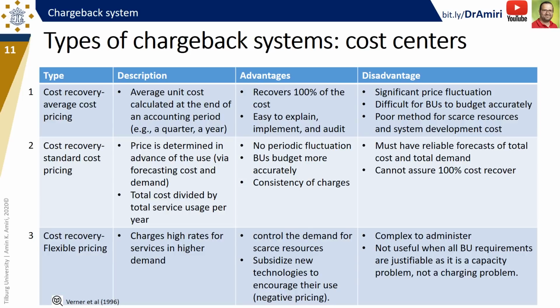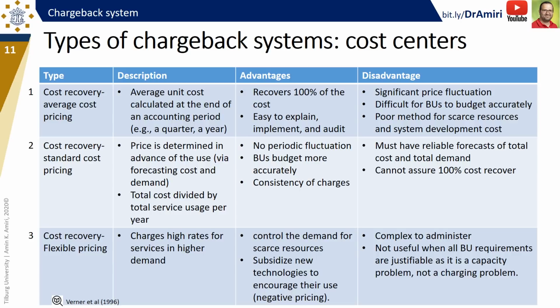The third type of chargeback system is flexible pricing. We charge higher rates for services in higher demand. If a service is not in demand that much, we are going to charge lower.